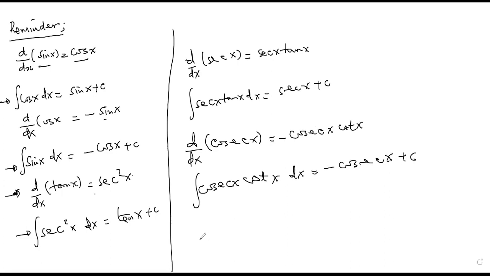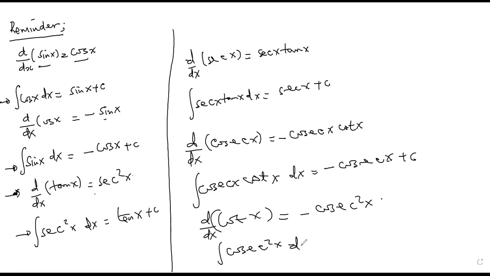Another one, when we differentiate cot, we get negative cosec squared x, implying that when we integrate cosec squared x dx, we strictly get negative cot x plus a constant. These ones we shall reach later, maybe using some proofs.